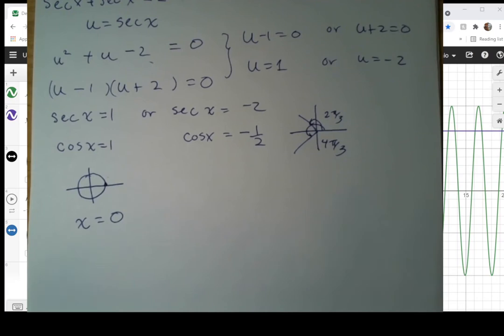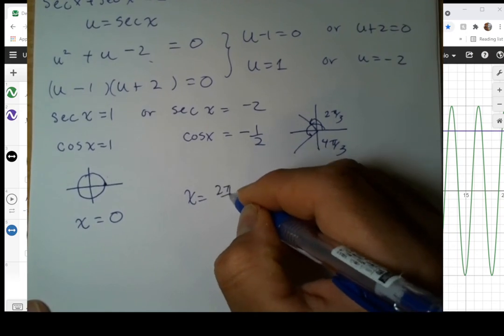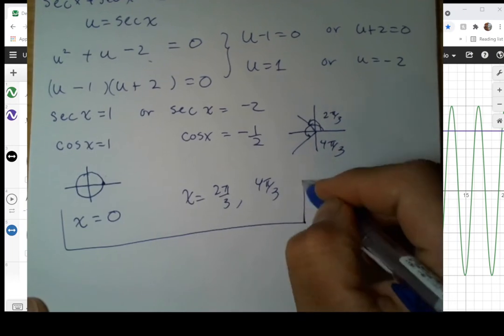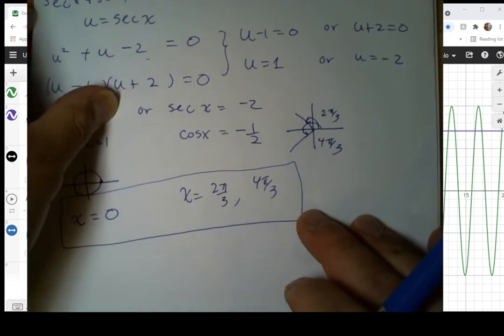And those are the only solutions in the interval 0 to 2 pi. So here we have x equals 2 pi/3 and 4 pi/3. And that's how we would find the solutions. Not all of them, but if we're just given a particular interval, that's how we would go about trying to find them. All right, let's try one more example here.